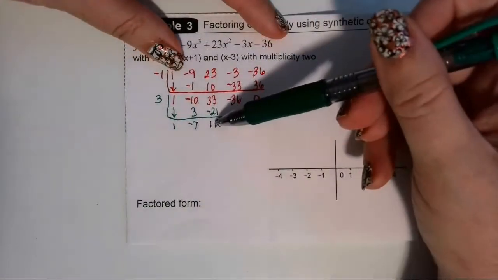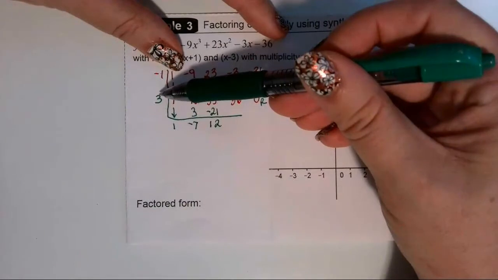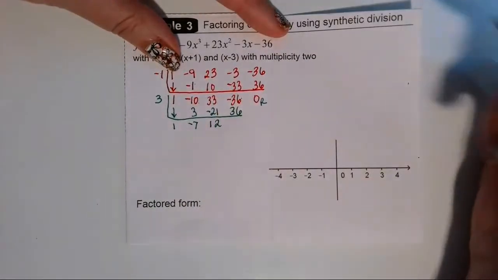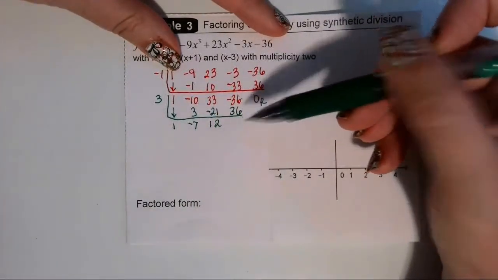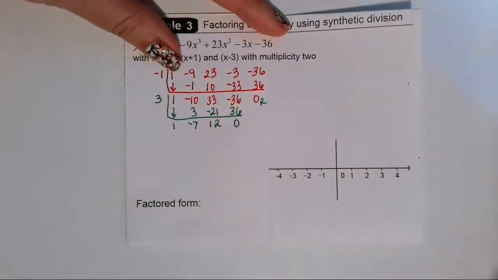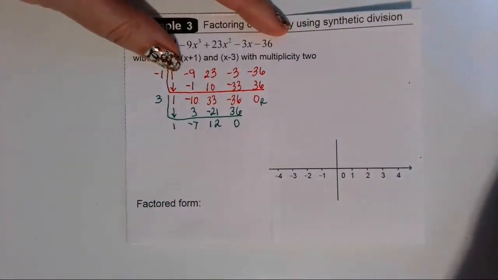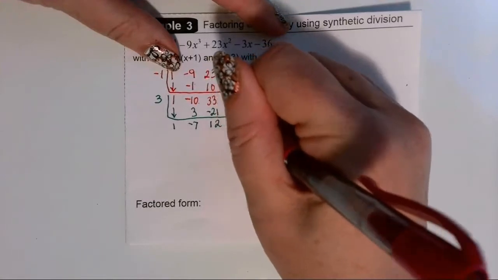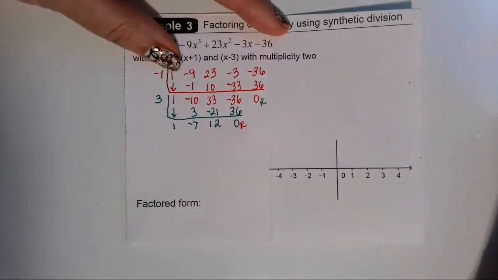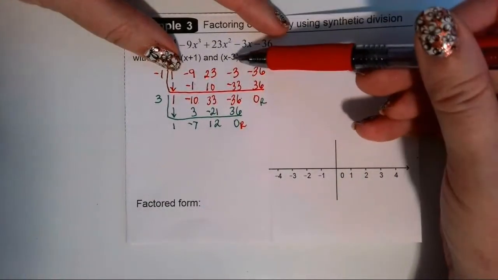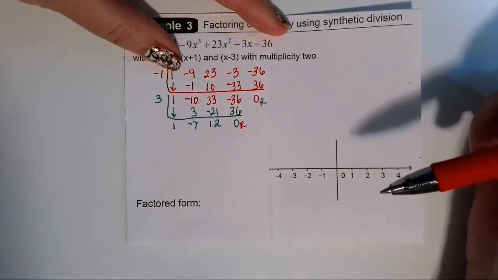Then I multiply. 12 times 3 is 36. And I add those together. -36 plus 36 is 0. And there I have another remainder, right, for my second division is a remainder of 0. So I know that that x minus 3 was a factor.